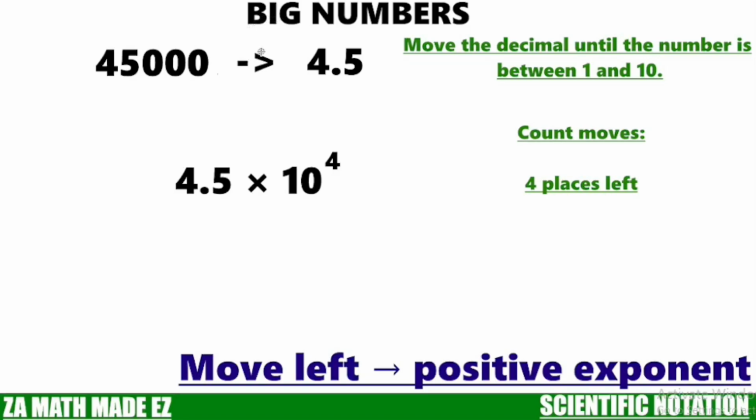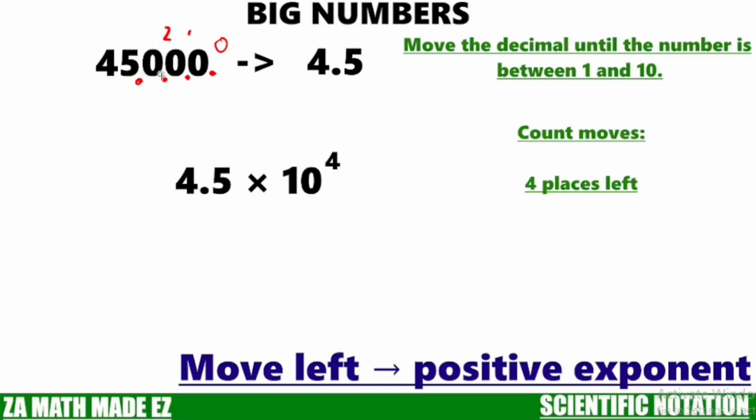Big numbers. In order to get a big number into scientific notation, you have to move the decimal until the number is between 1 and 10. For example, let's put an imaginary decimal over here. That is 0. Now let's move it one over here. That is 1. Again, that is 2.